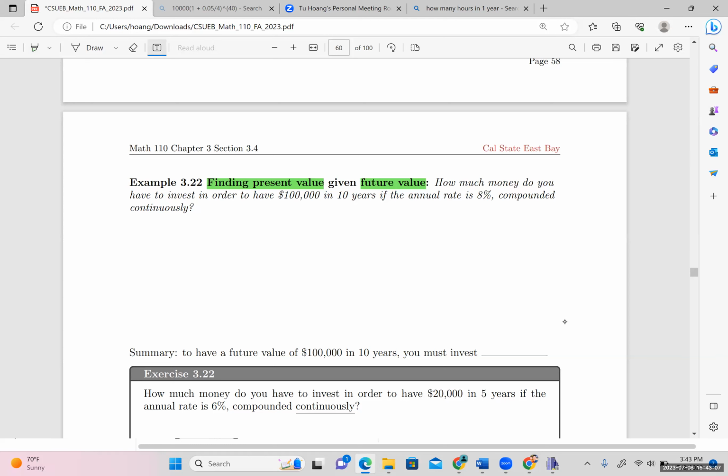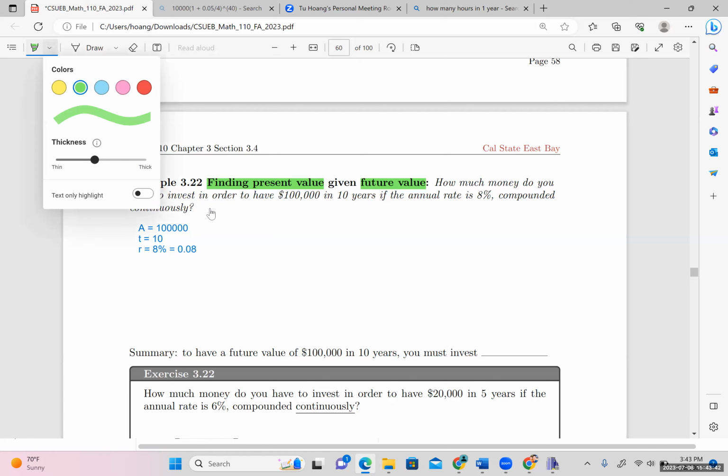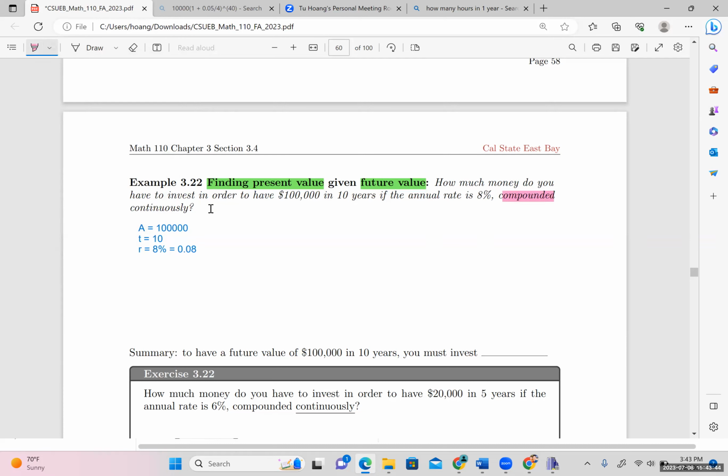Let's say A, the future amount, is 100,000, and T is 10 years. The annual rate is 8%, which is 0.08, and it compounds continuously.